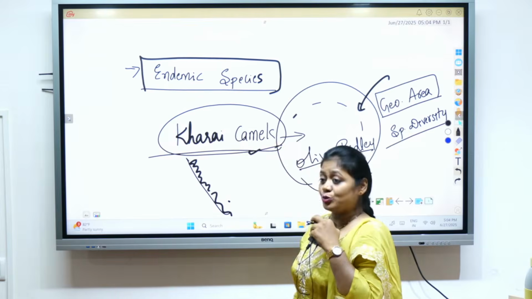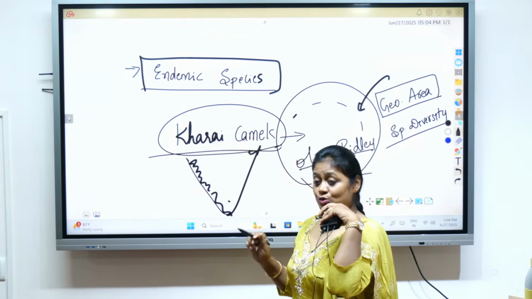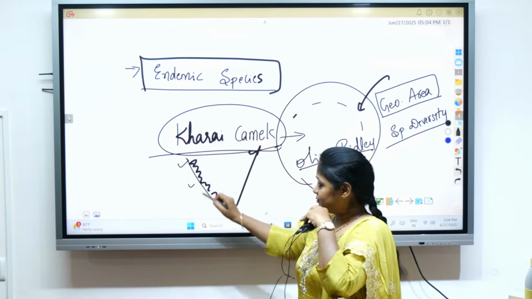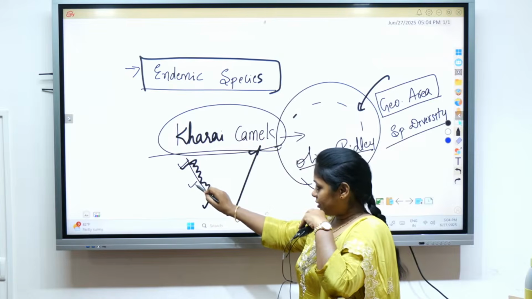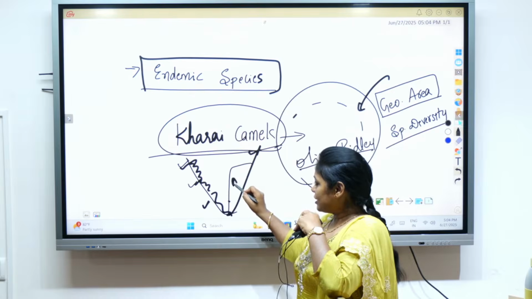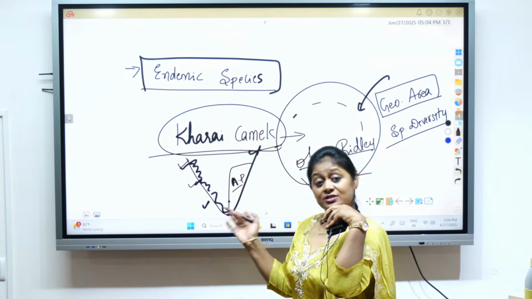There was a question in UPSC: this lion-tailed macaque is not found in which of the following states? They gave options: Goa, Karnataka, Tamil Nadu, and even Andhra Pradesh. Andhra Pradesh comes in the Eastern Ghats.